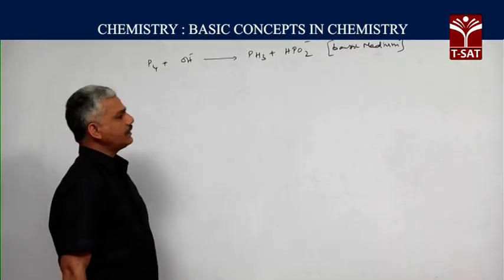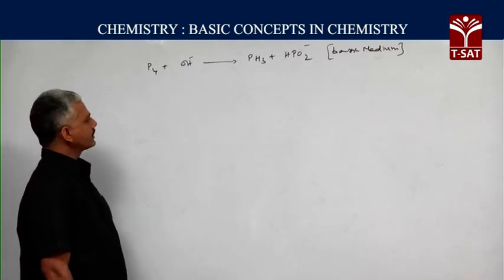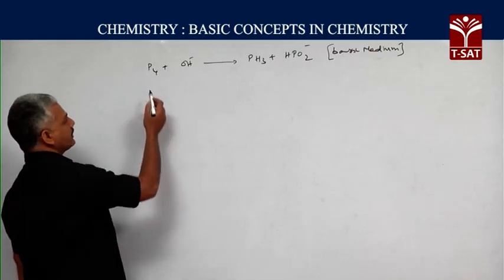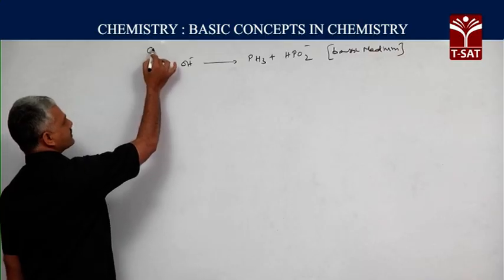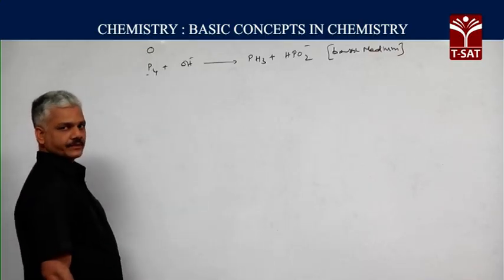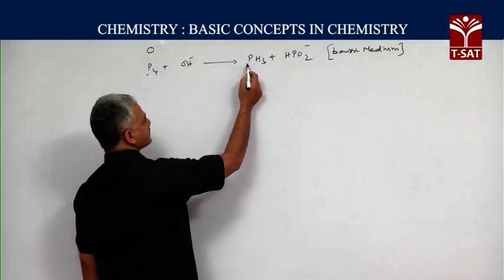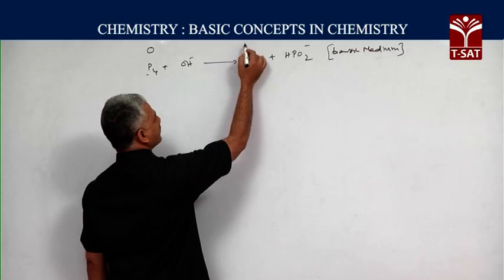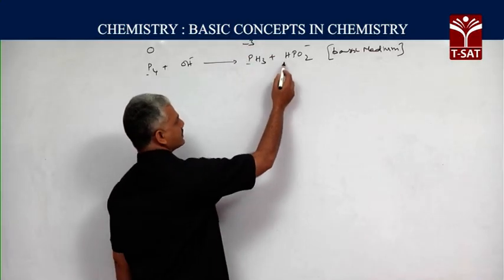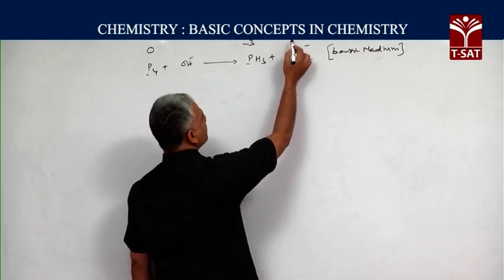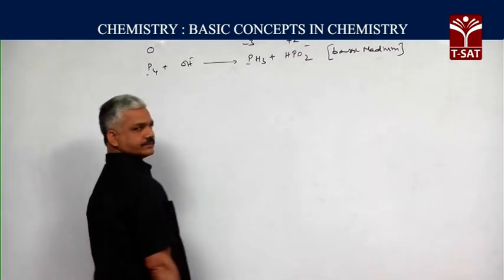Now, as usual, we have to calculate the oxidation states of elements other than oxygen and hydrogen. Here the element present is phosphorus. On the reactant side, the oxidation state of phosphorus is 0 because it is a homoatomic molecule. In the products, in phosphine, the oxidation state of phosphorus will be -3, and in this H2PO2- ion, it will be +2.